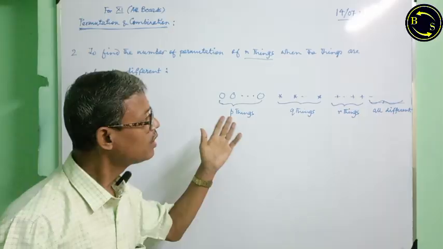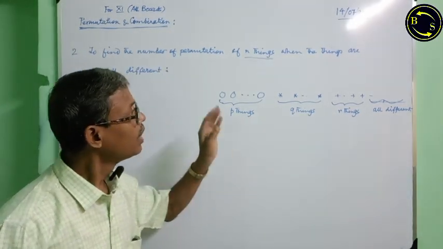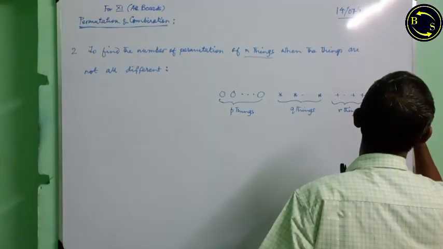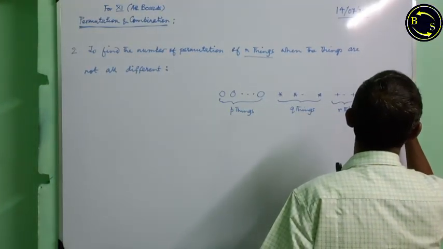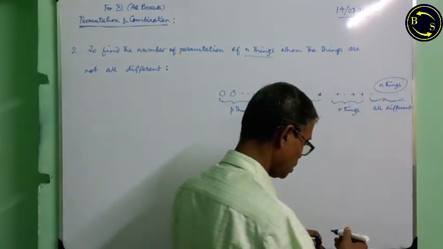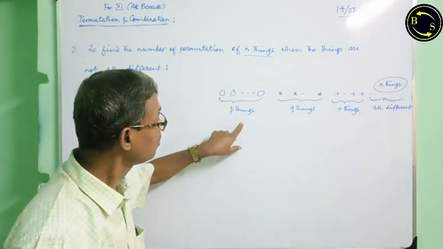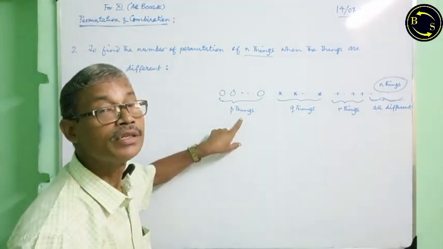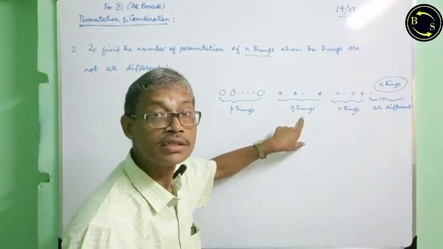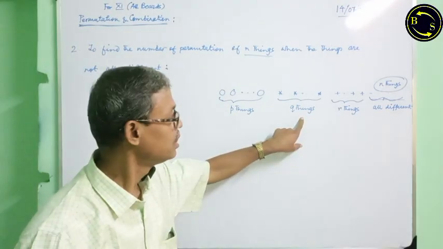I am trying here to make you understand, students, total number of things n, of which p things are of one kind identical. Q things are also identical of another kind.